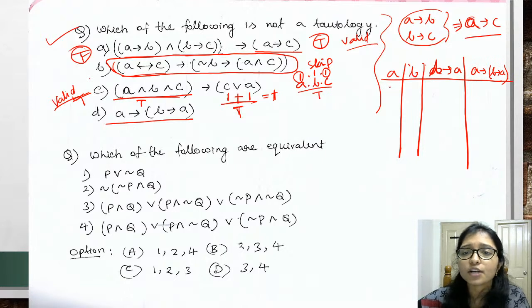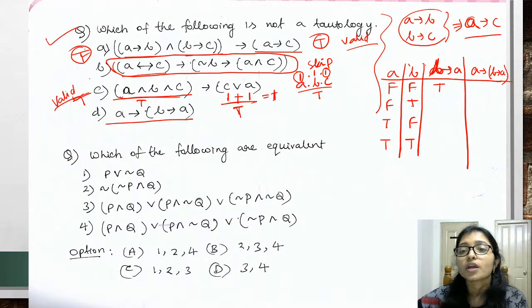Easily you can create the truth table, that is false, false, 0, 0, 0, 1, 1, 0, 1, 1, right? So, B implies A. When B implies A, false, false is true. Now, true, this is true, this is false.